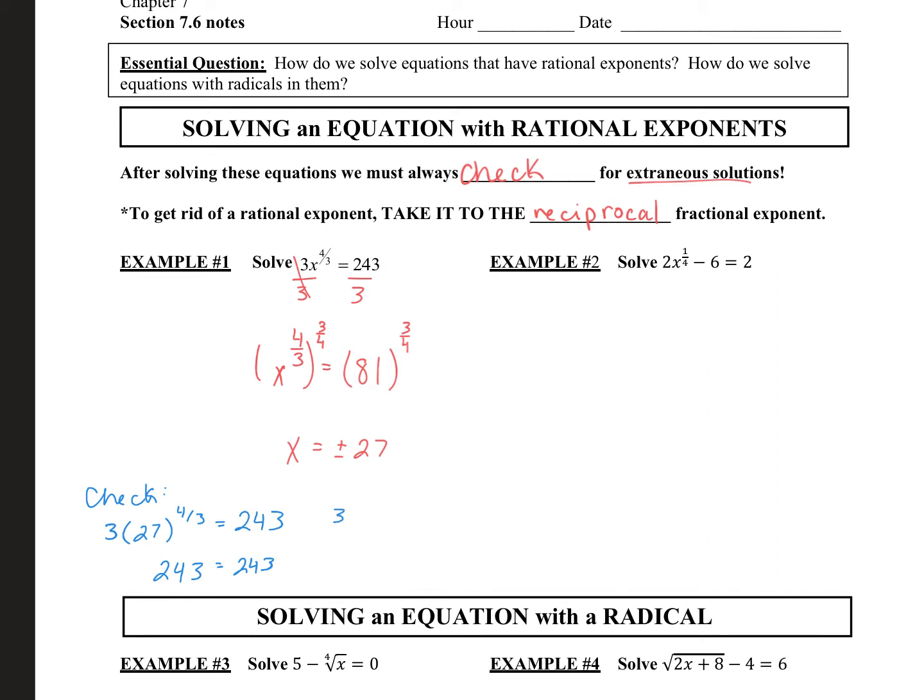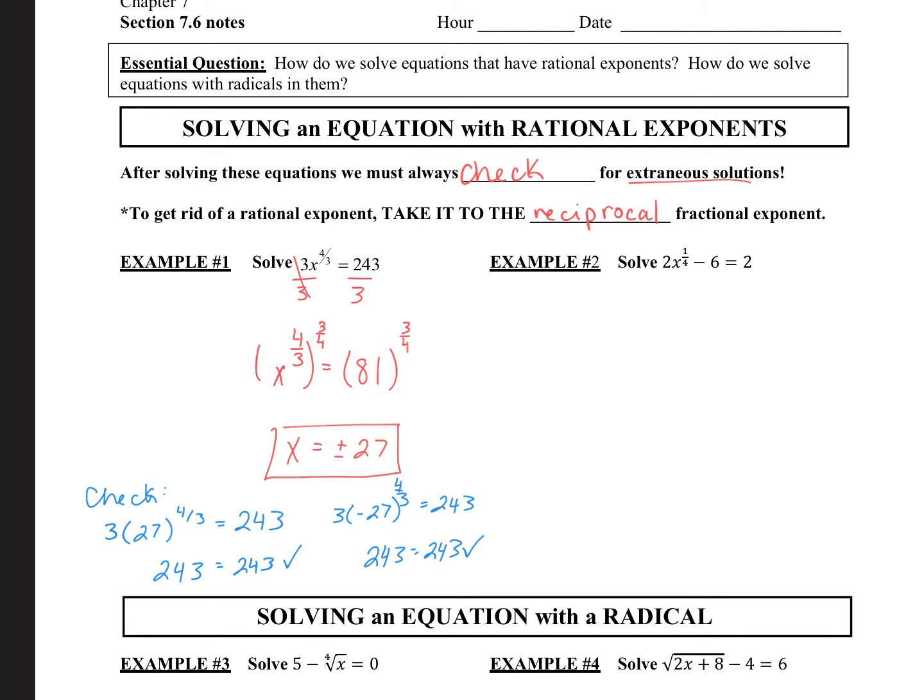We have 3 times -27 raised to the 4/3 power equals 243. We type this into our calculator, and once again we find that this is true. 243 equals 243. Both of these check out, so x equals plus or minus 27. Both of those are solutions.